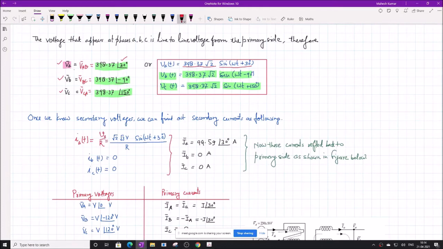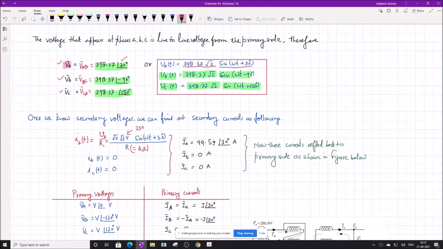Now v_a is root 3 V, and root 2 makes it the peak value in time domain, into sine omega t plus 30 degree, by R. R is here 4 ohms, so you can write 4 ohms here, and the value of V is 230. Multiply them and solve them, then we will get root 2 root 3 V by R as root 2 into 99.59.